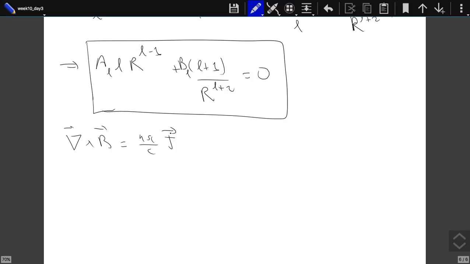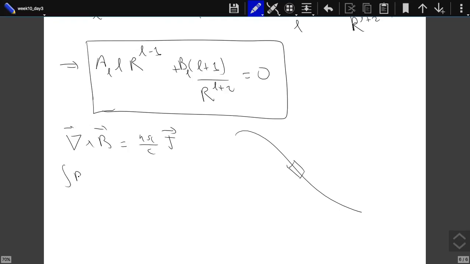Now, if you remember, in the case of electrostatics, the curl of the electric field was equal to 0, and to make use of that, we had assumed an arbitrary surface, and we considered the loop going around that one. And why a loop?